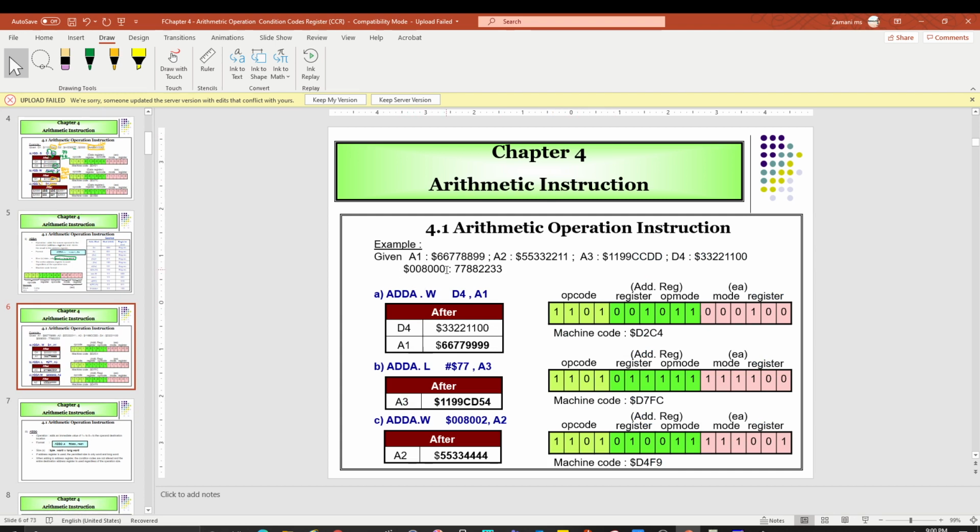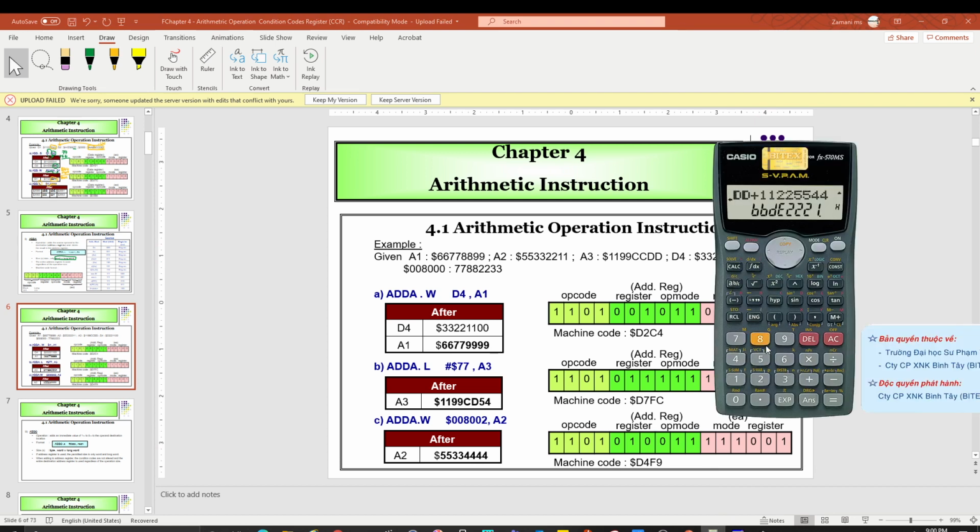Given A1 is this guy, A2 is this guy, A3 is this guy, and D4 this guy. So add address.w D4 A1. Remember that you have to take all A1 contents. A1 must be all here, 66778899. Must be word size from D4. D4 is this one, so the word size must be 1100.